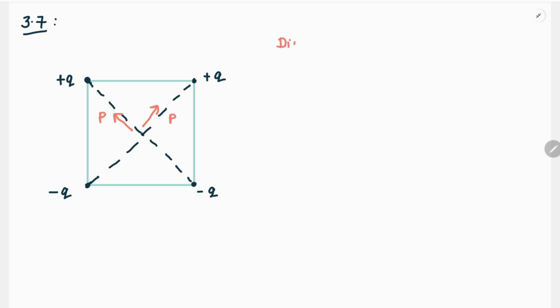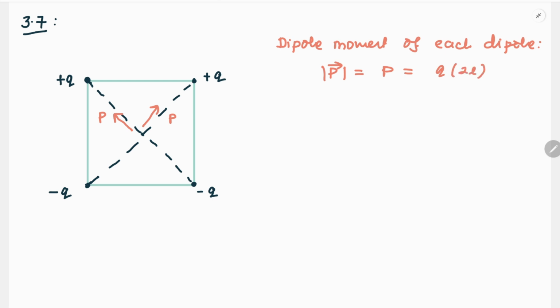So the dipole moment of each dipole, that is the magnitude of each dipole moment which we consider as p, is equal to the product of charge and separation between the charges, which is over here written as 2l. So this is the dipole moment of each dipole which we are referring as p.